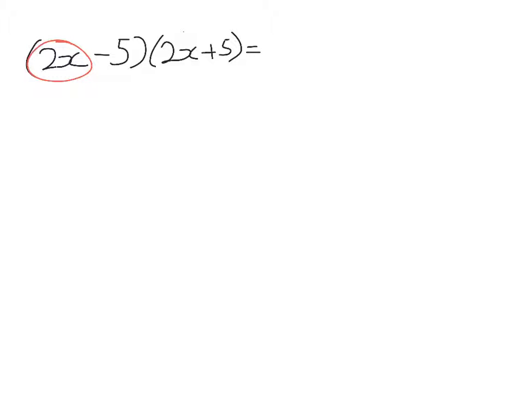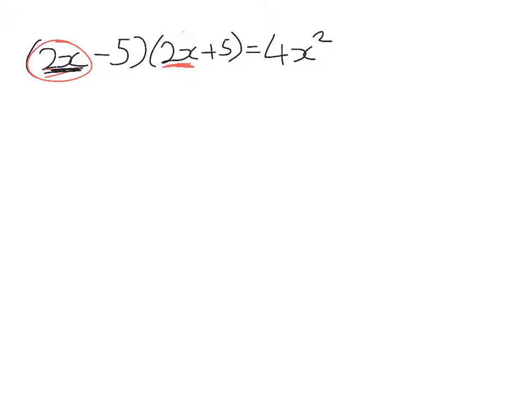Okay, so let's try one where we've got 2x instead of just x. 2x minus 5 times 2x plus 5. Let's take a look at what's happening. Well, when we do the first two terms, we get 2x times 2x, which will give me 4x squared.